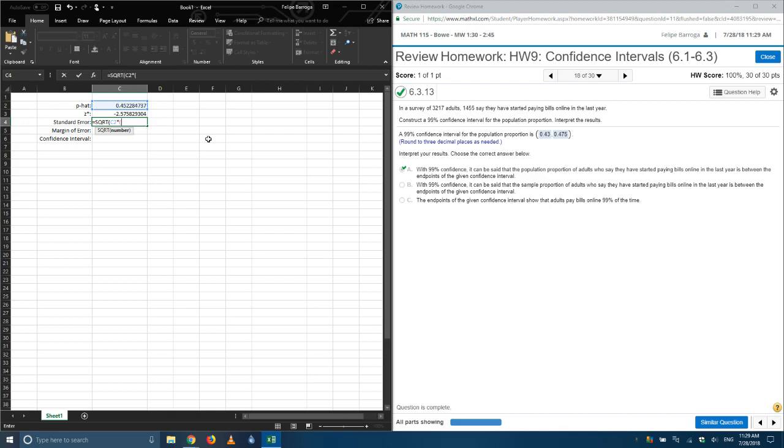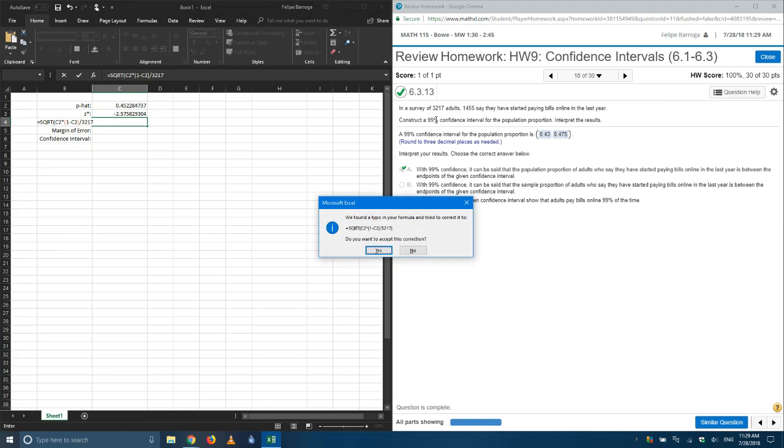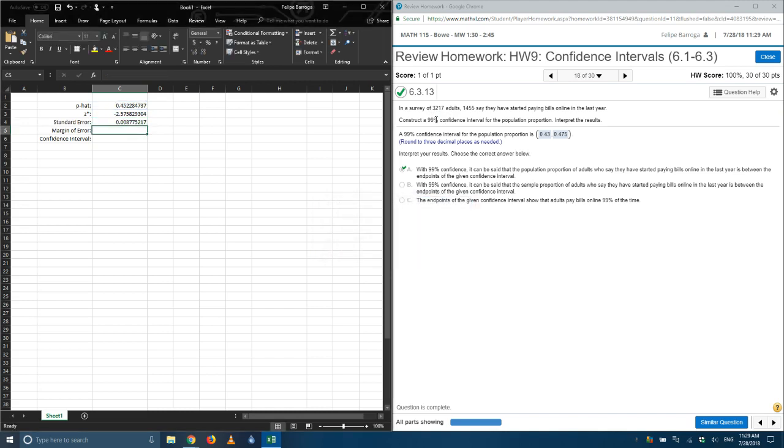So p hat, q hat. So q hat is 1 minus p hat. So we'll just do a 1 minus this, and we'll divide that by the sample size. Okay, so that is the standard error.